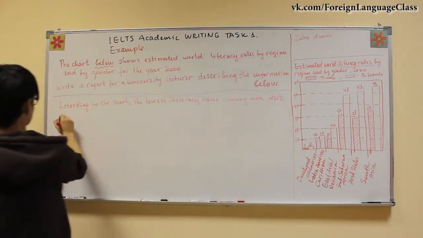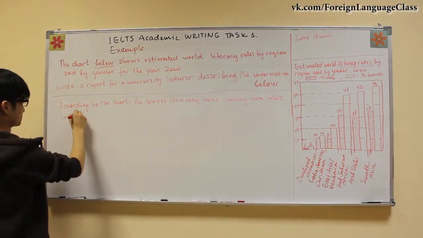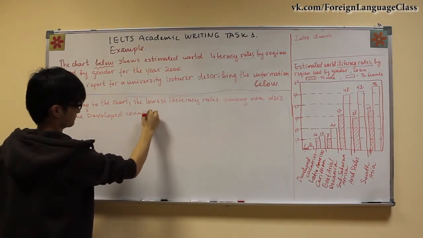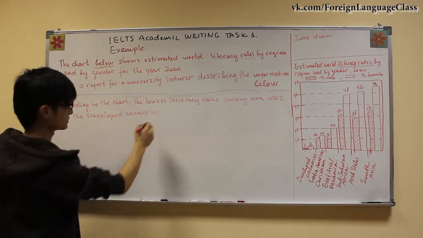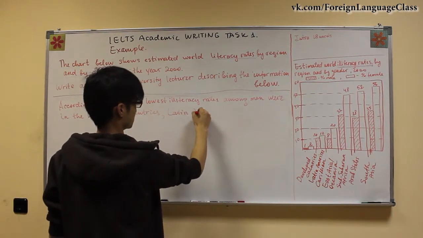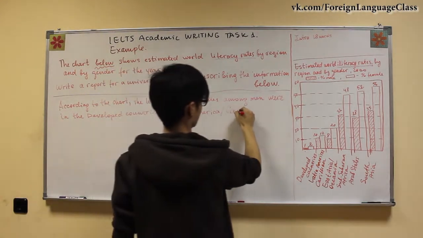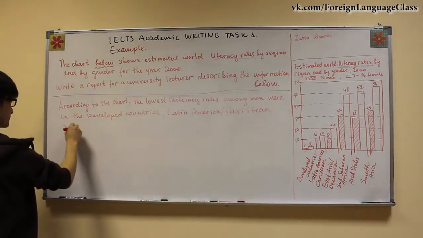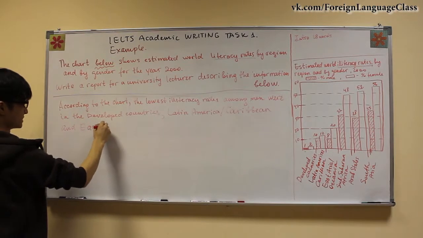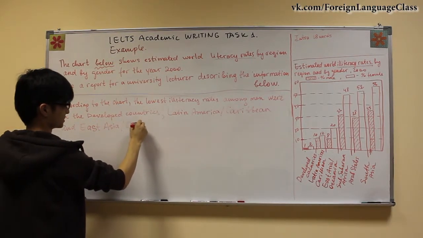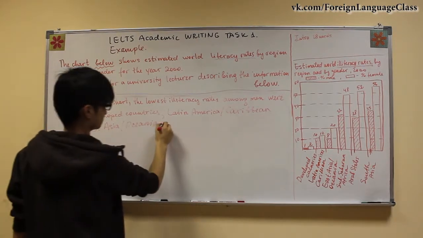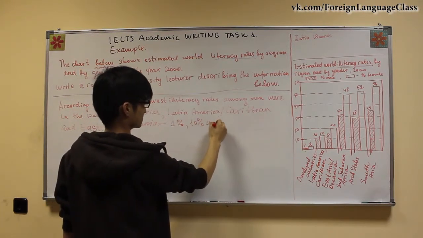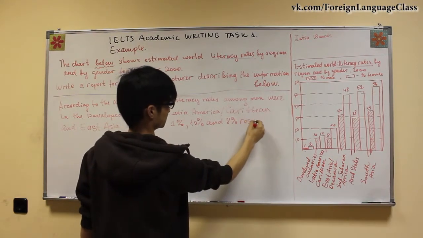Were in the developed countries, the Latin America, Caribbean, and East Asia, Oceania. 1, 10, and 8%. 1%, 10%, and 8% respectively.